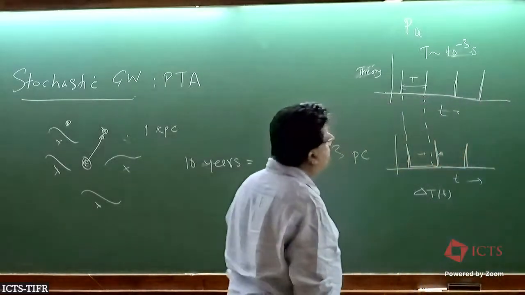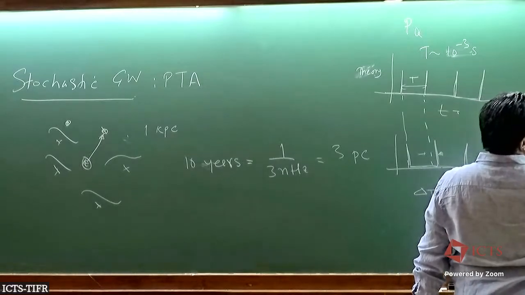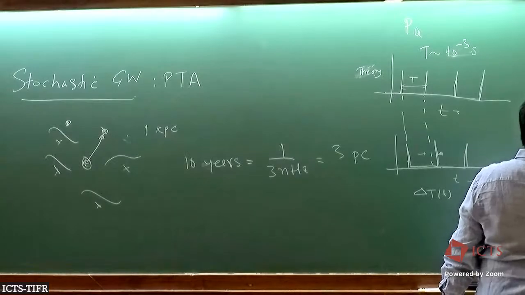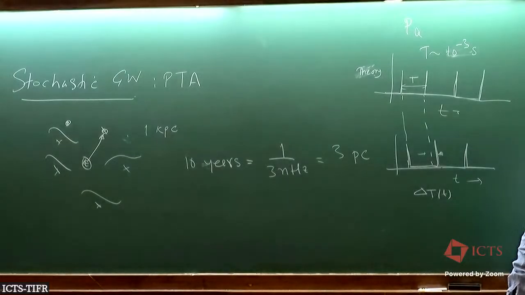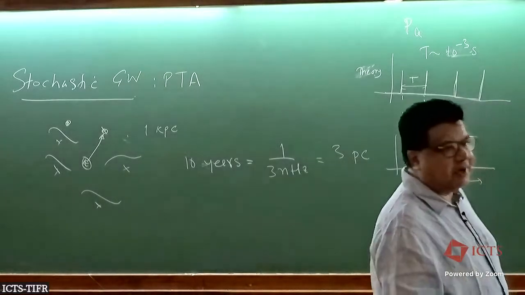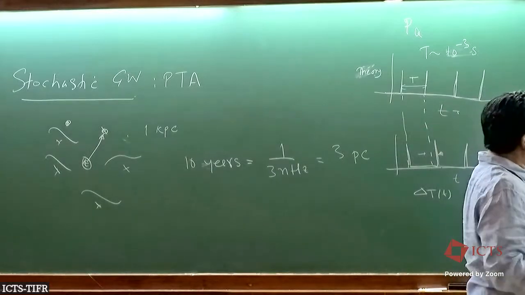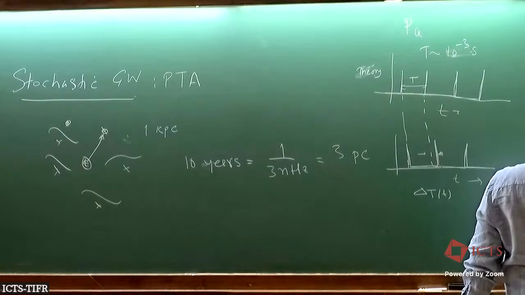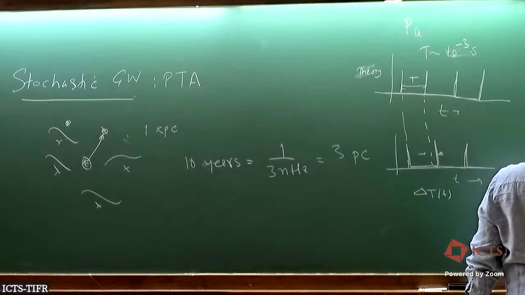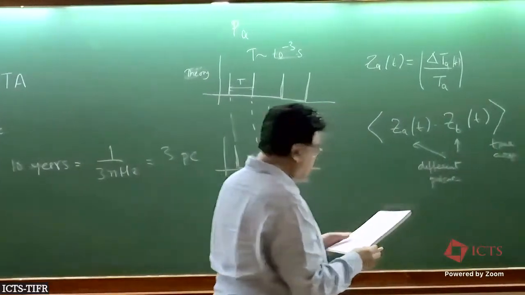Then we take the time average of the cross correlation between two different pulsars, over the 10 years or whatever the observation period is.